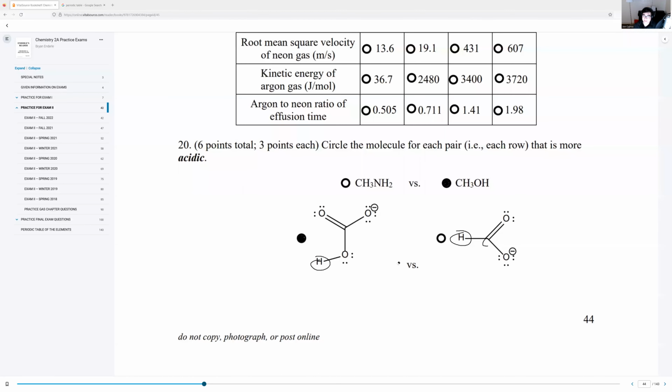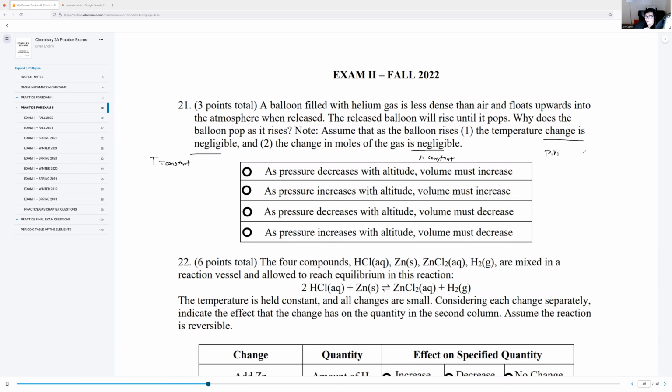So if you think about Charles' law, or you could use Boyle's law where the temperature is constant. It's the same thing. I just use Charles' law and then eliminate whatever is a constant accordingly. And so P1 V1 is equal to P2 times V2. All you have to do is look at this relationship. Or actually, kind of spoil it, as the balloon rises, the volume increases and that's why it pops, right?